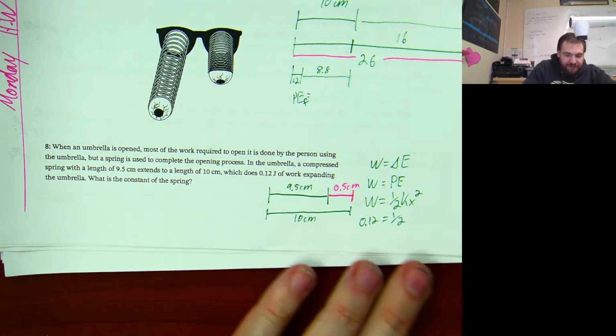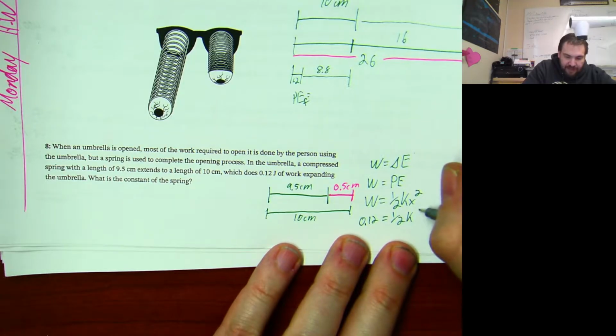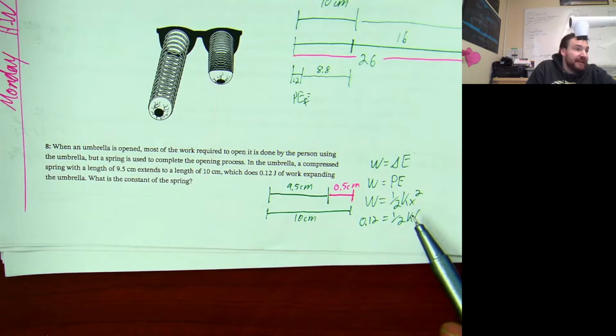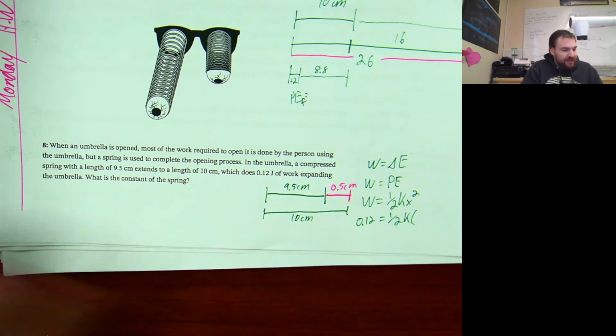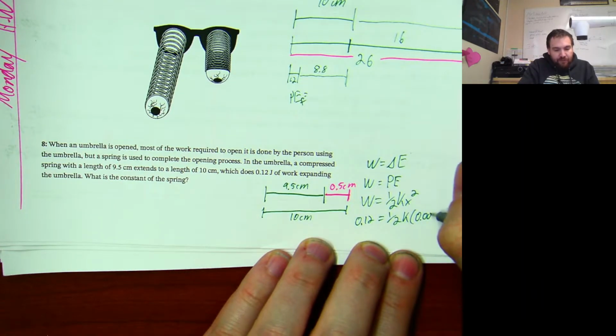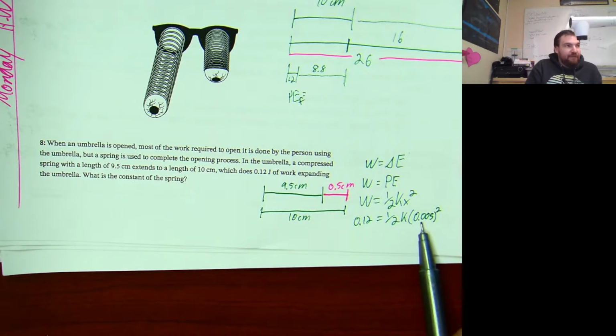No, that's what we're looking for, the spring constant. And the x, if you remember back to springs, x is the expansion or compression. So that's 1/2 centimeter, which is 0.005. Because 0.5 would be 50 centimeters, 0.05 would be 5 centimeters, 0.005 is 1/2 centimeter.